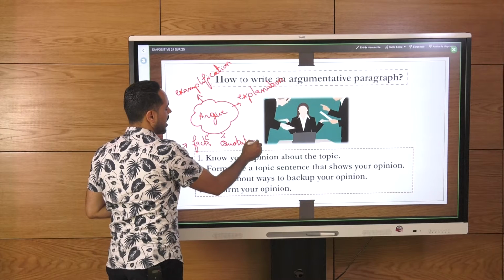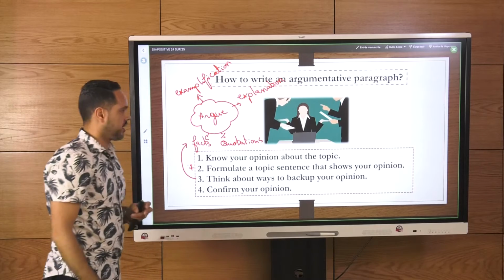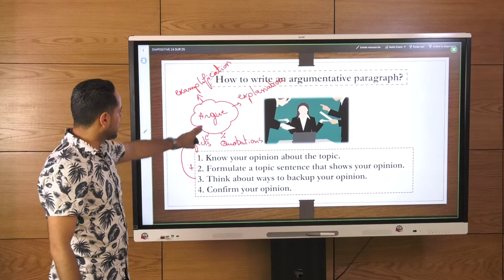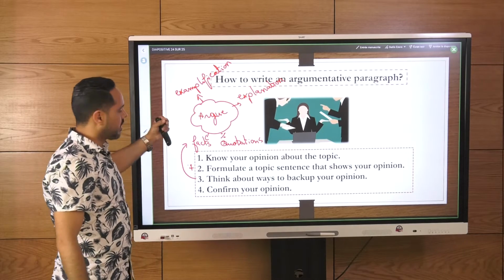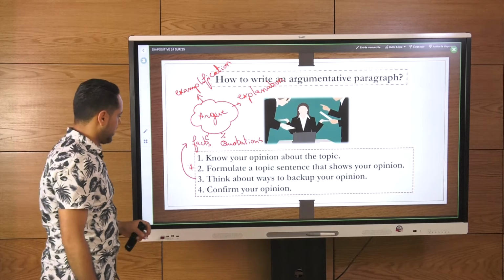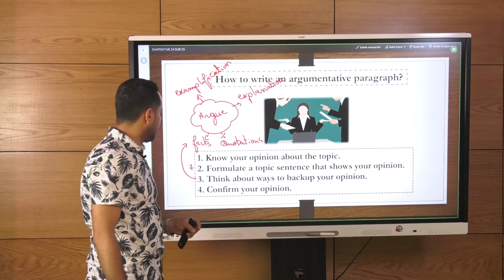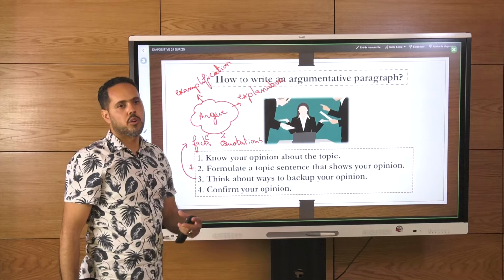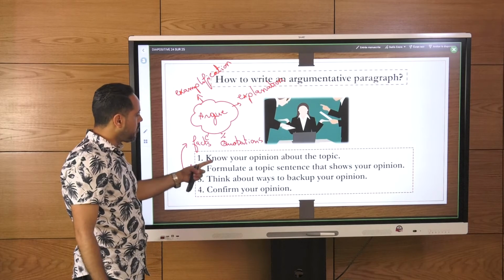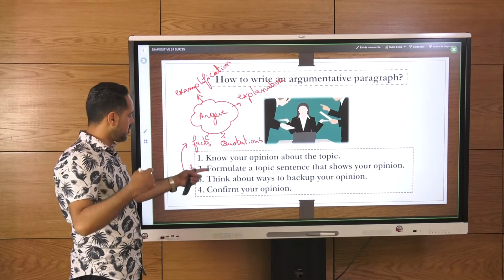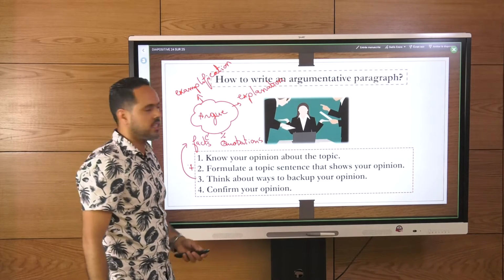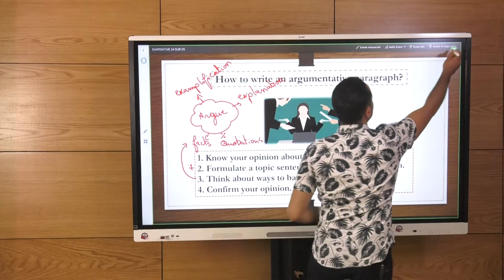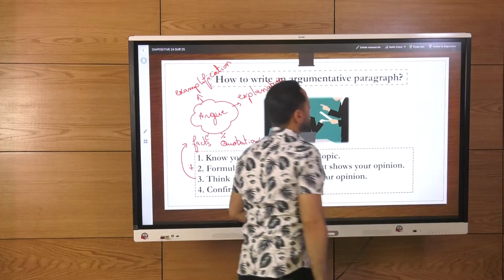Quotations mean what other people say about the topic. So that's the best way you can write an argumentative writing or paragraph. And finally, in the conclusion, we confirm our opinion. It's like we reword, that means rewrite the topic sentence in a different way to confirm our opinion.